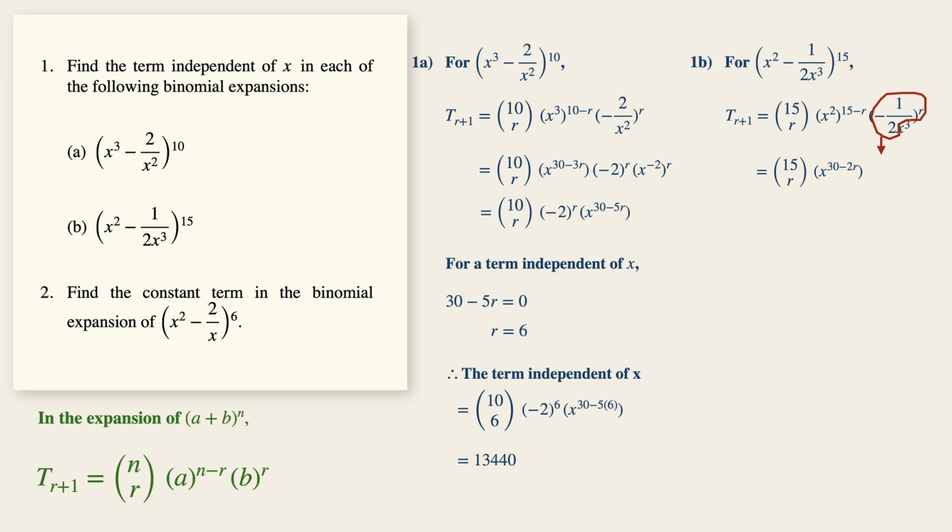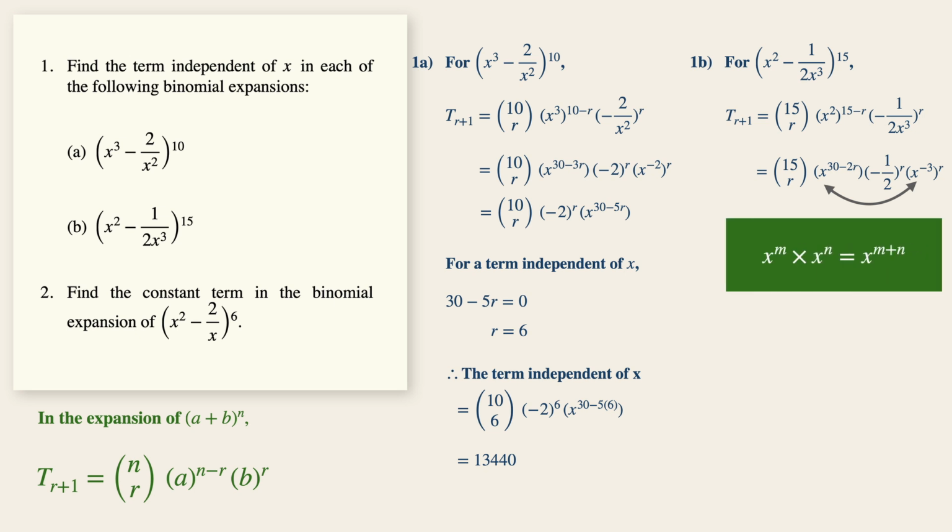Now grab the minus sign with the 2 in the denominator and don't forget to take the power r along with it. Now in the next step, simply write x^-3 with an r outside. Now with this format, it is very easy to group or combine the bases of x together using the rules of indices again. That is, if you are multiplying terms of the same base, add the powers together.